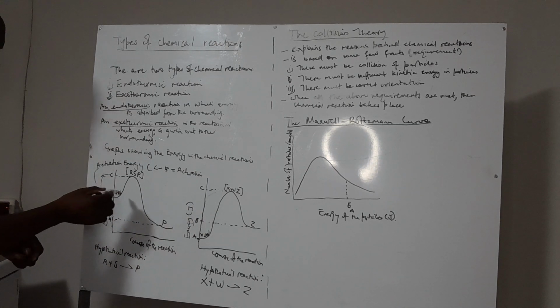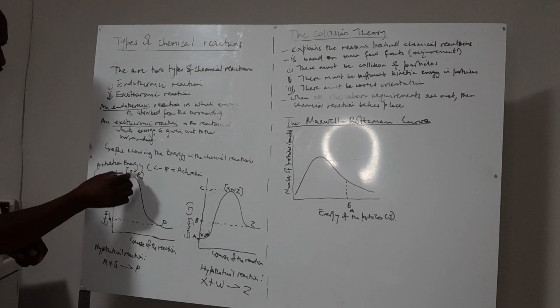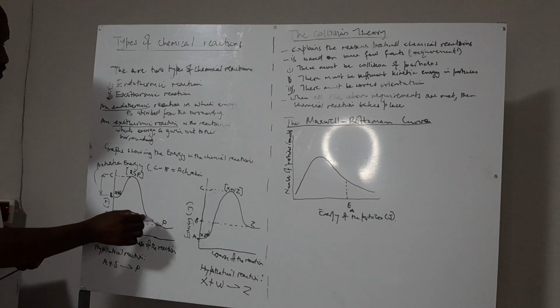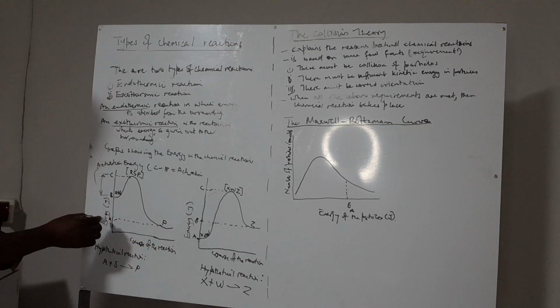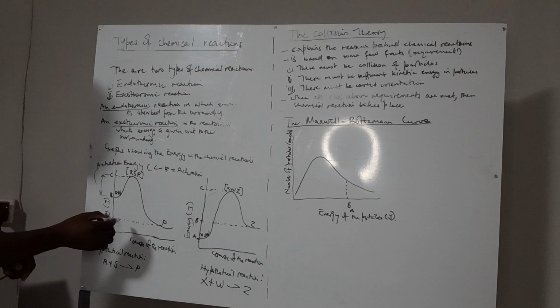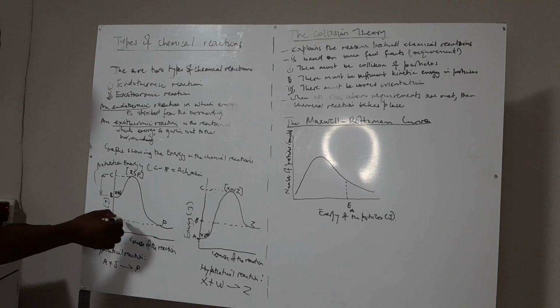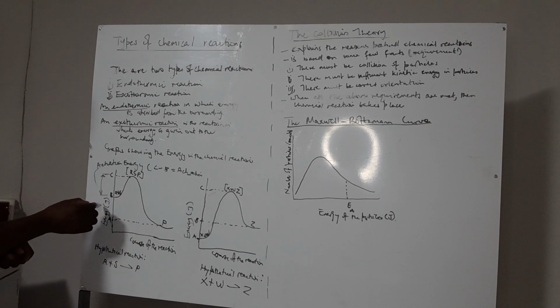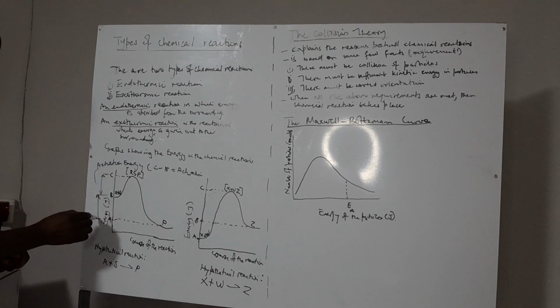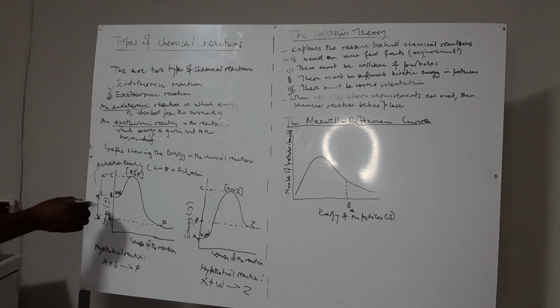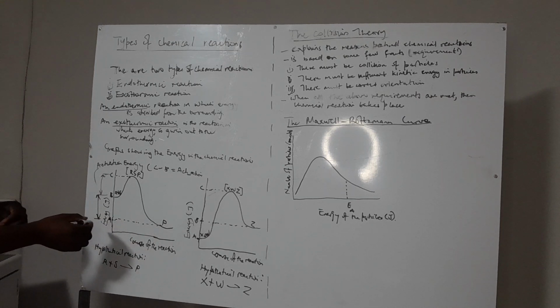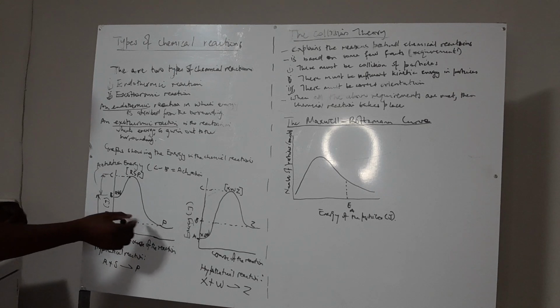Now, when you look at my reaction, you'll see that once the reaction has taken place and my reactants have gone to form my product, my product energy is much lower now, at A. That shows there is a difference between the energy of the reactants before the reaction and the energy of my product, which is the final substance that came out when my reactants reacted.